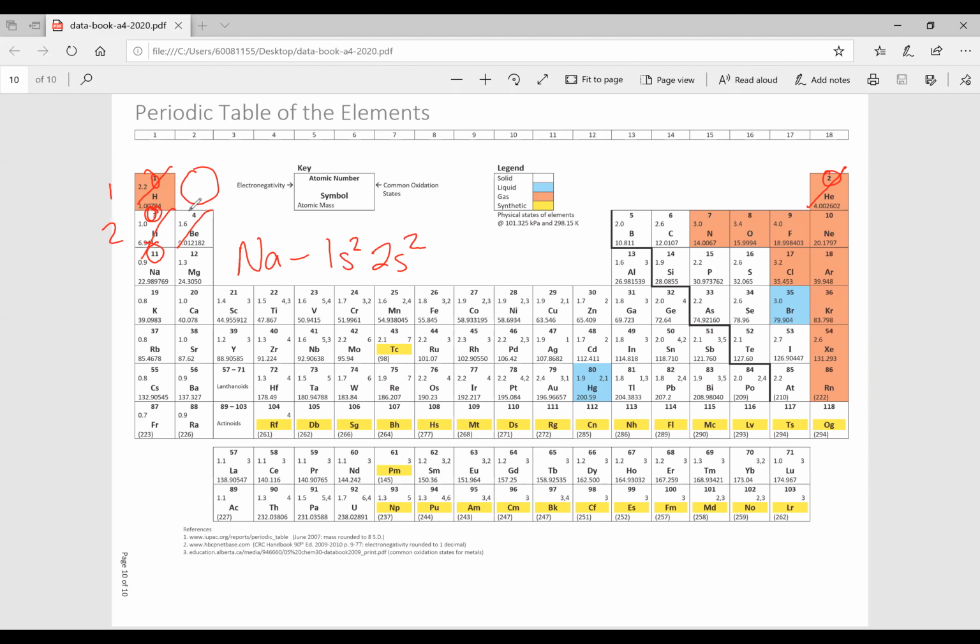Okay, now I go from 4 over to 5. So now because I'm over on this side, it's P. So it's 2P1, 2, 3, 4, 5, 6. Okay, and then I go down to 11, and notice it's only here. Let me clean that up. Notice that it's not anywhere past this block, so it would just be 3S1.